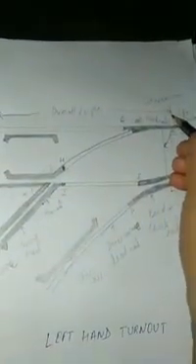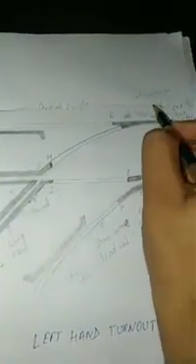And this total path is the overall length of the points and crossings we are going to build. I am showing it again. This line and this line I have drawn, which I have marked as the facing direction and the trailing direction.